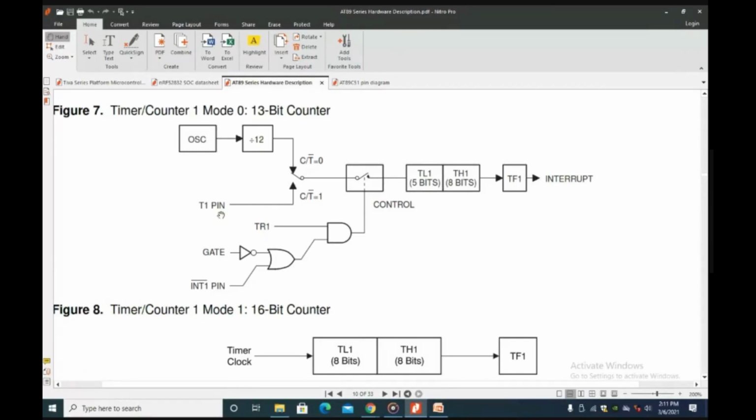Not only for this purpose, counters are also widely used for counting the number of people entering and leaving a room, and for all object counting purposes. The pulses coming in through the pin help us measure the number of people entering the room, leaving the room, and a lot more.